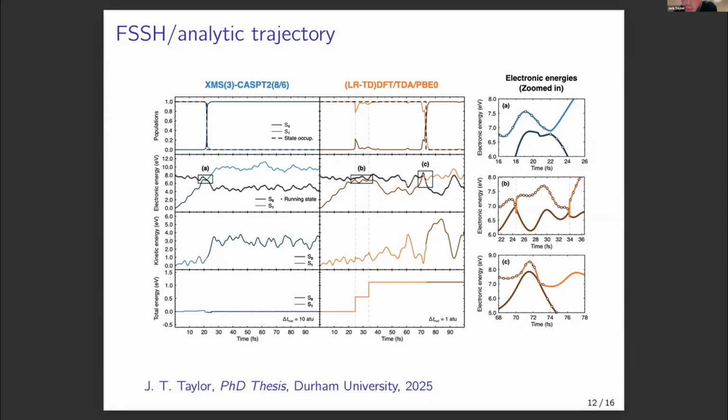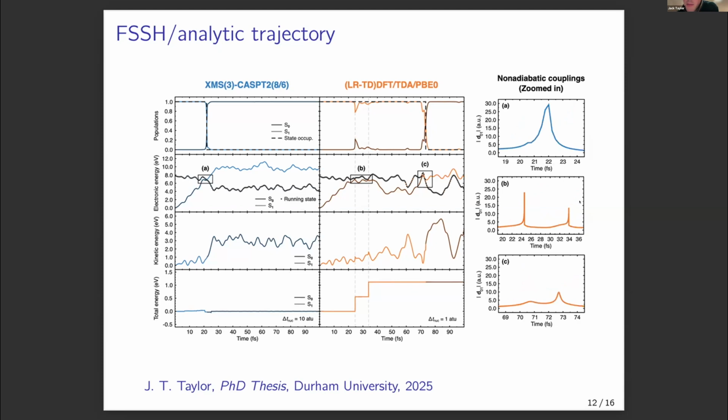When we got a successful hop in TDDFT, the S1 surface behaved itself much more, let's say. But why are we not getting hops at these 2 points? Well, it could be obvious to you, but let's have a look explicitly.